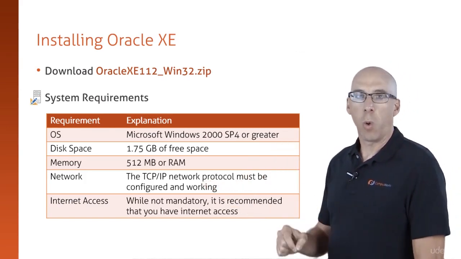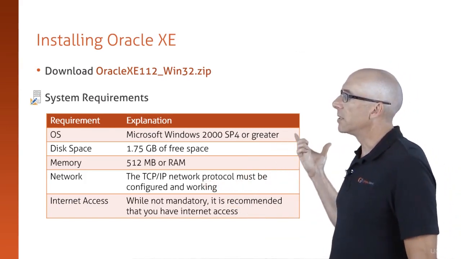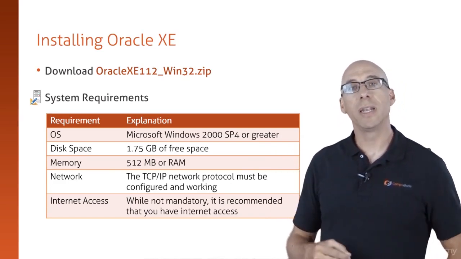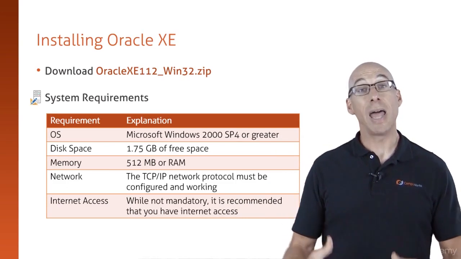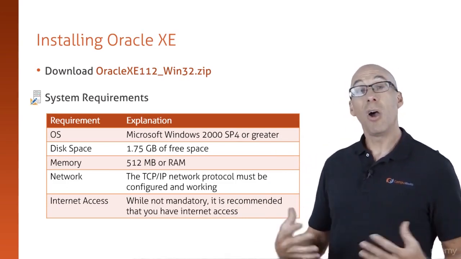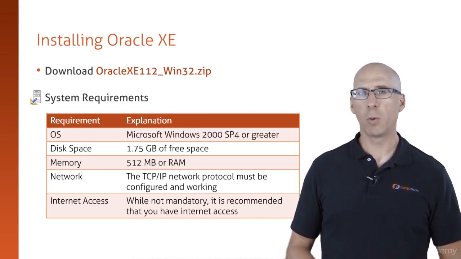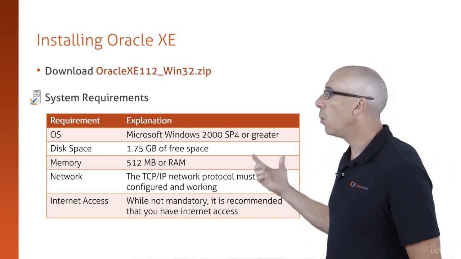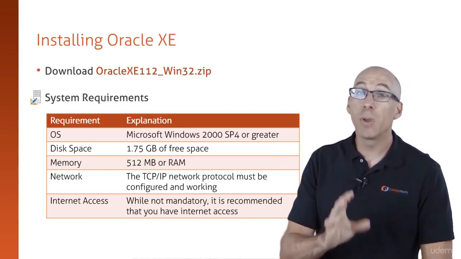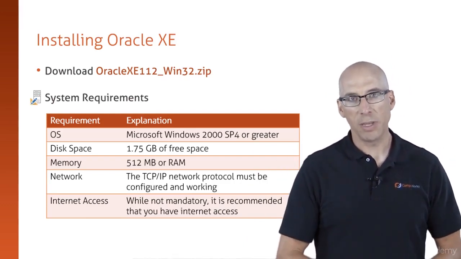The next requirement is the amount of disk space that you have. Now remember that Oracle is an enterprise solution. There's a lot to it. So you need to have some disk space. Most hard drives are pretty large, so you shouldn't have to worry about it too much. But you need 1.75 gigabytes of free space minimum. Please remember that we are working with a database.